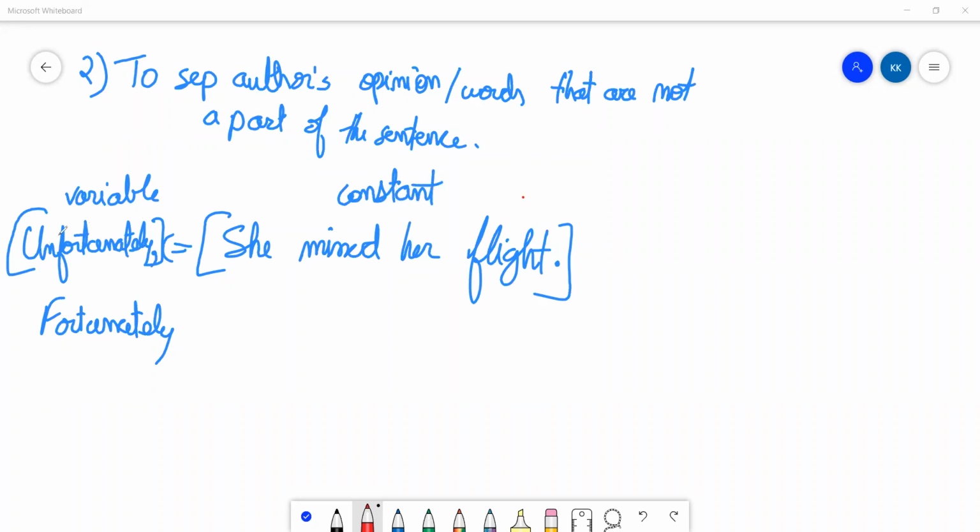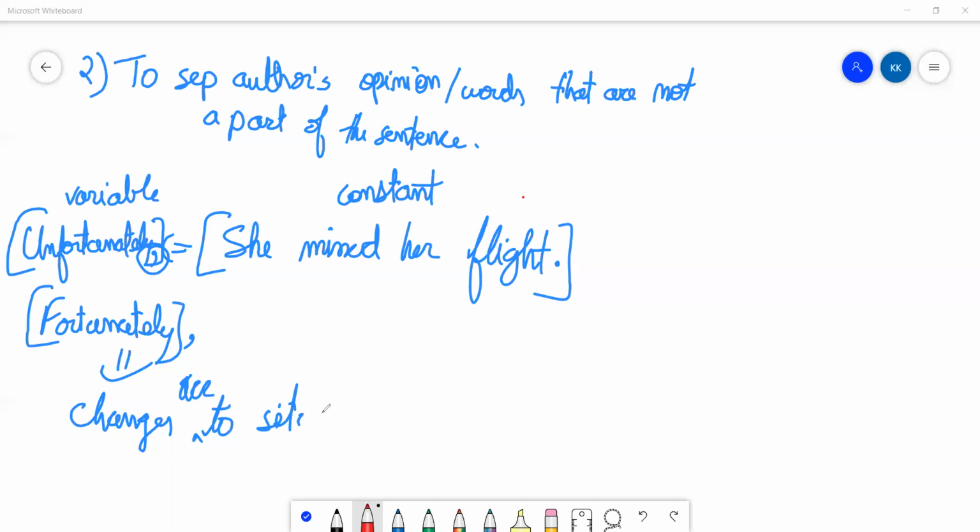So this variable part needs to be separated using a comma. Understood? It can be changed because the author will change and his or her opinion will also change, right? So it changes according to the situation. Understood? Am I clear? Any doubts?